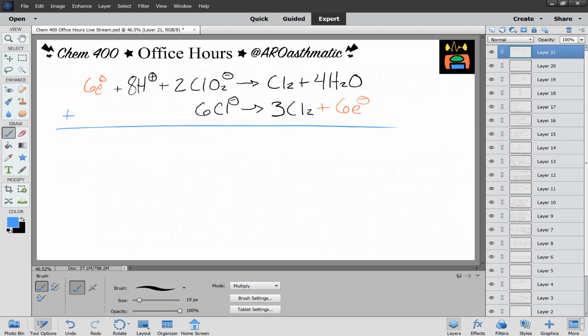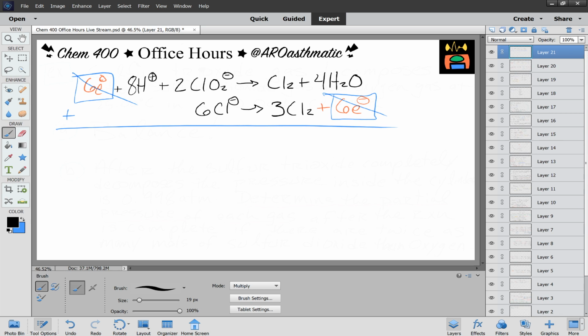Now when we add these two half reactions together, we did our job well, because 6 electrons will cancel 6 electrons. You should never have any electrons left over.